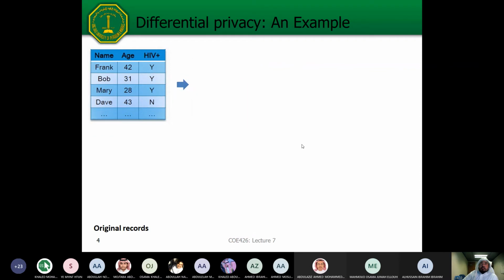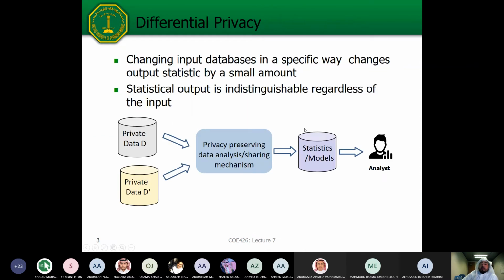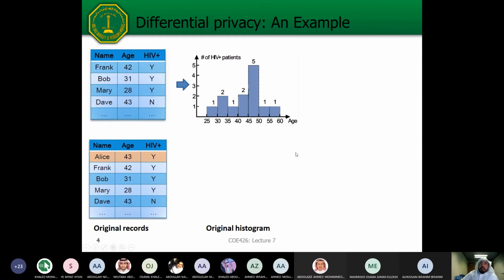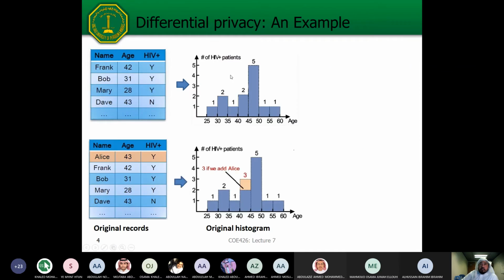So now I would like to come back to the definition of privacy, the promise of privacy. I said that releasing any statistical information, and we can think of the frequency histogram as statistical information, should not give the adversary any information about a particular person in that database.